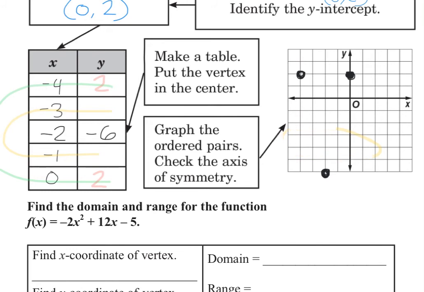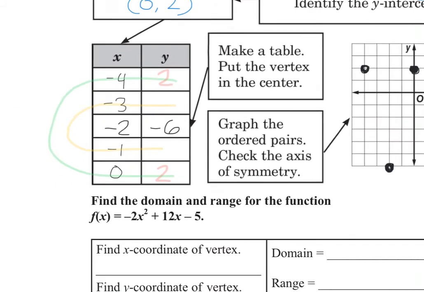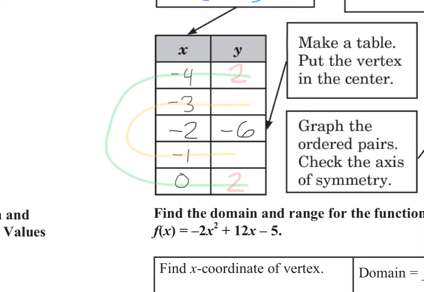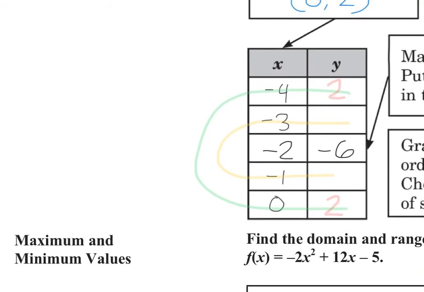So to do that, we will need to figure out one of these other values. Now, I do not need to find them both because they are going to be symmetrical around the axis of symmetry. So at this point, we can go to our function and we can choose either one of those to substitute in for x.